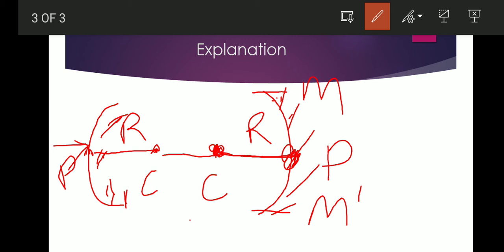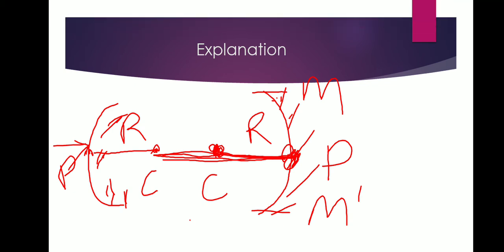Principal axis is an imaginary line which passes through center of curvature and joins the pole. Here also the principal axis will be this line.